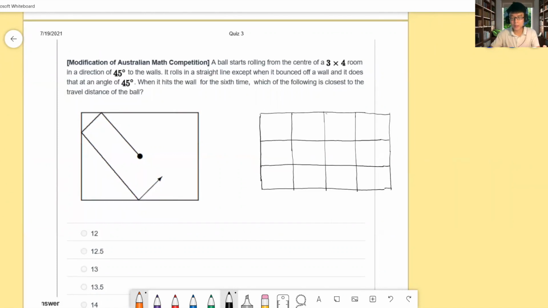The 3x4. Now the ball starts from the center. Center is here, and it rolls in the 45 degree direction. So let me draw the path. Okay, it goes at 45 degrees. So it meets this midpoint and this midpoint, and this midpoint it hits the wall the first time. So this is a line, and then it bounces off in the 45 degree direction.